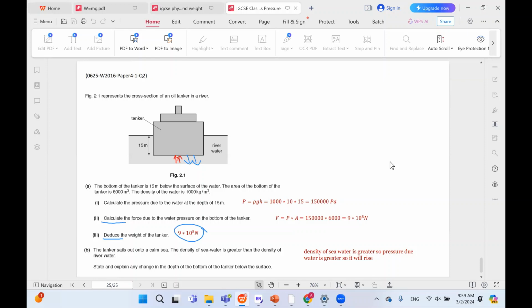The density of seawater is greater, and we know that pressure equals rho g h. So if density increases, then pressure must increase. So the force that is pushing the tanker up must increase. So therefore, the tank will rise because the density is greater and the pressure is therefore greater.